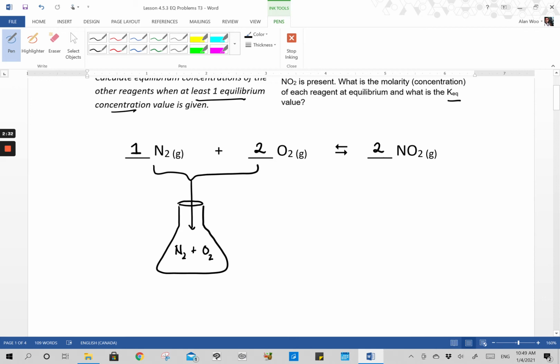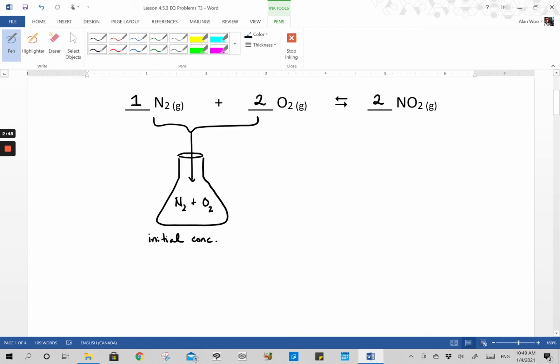And because this is the initial, the concentrations that you have are all initial concentrations. So N2 initially starts off as 0.020 molarity. O2 was also given to you as 0.02 molarity as well.